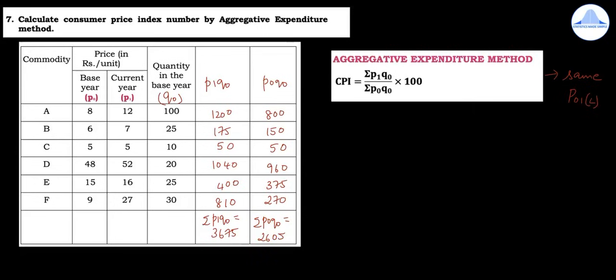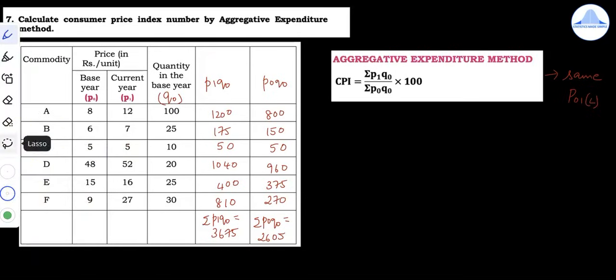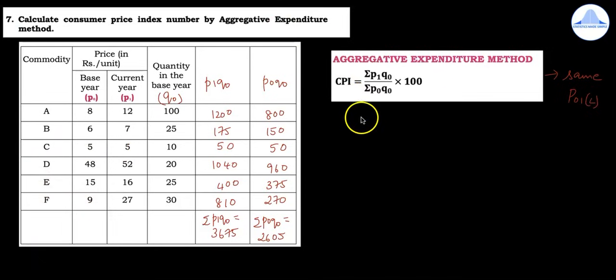So let us substitute these totals in the formula. So we will get CPI is equal to 3675 divided by 2605 into 100. So therefore CPI is equal to 141.07.